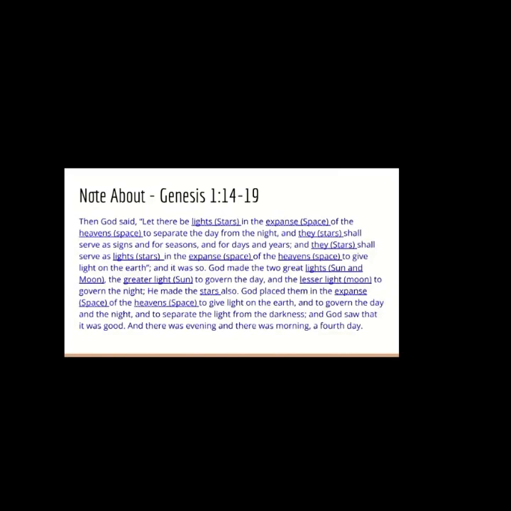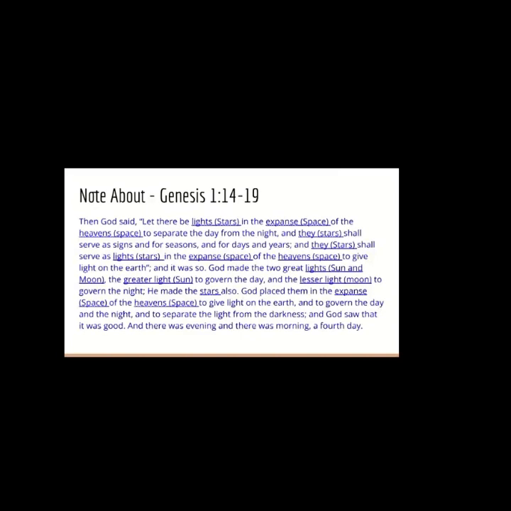So the heavens, space, separate the day from the night, and the stars shall serve as signs and seasons for the days and years, and as lights in the expanse of the heavens, which is space, to give light on earth.